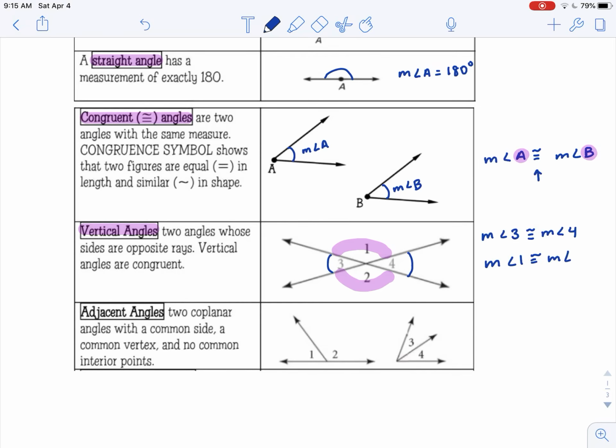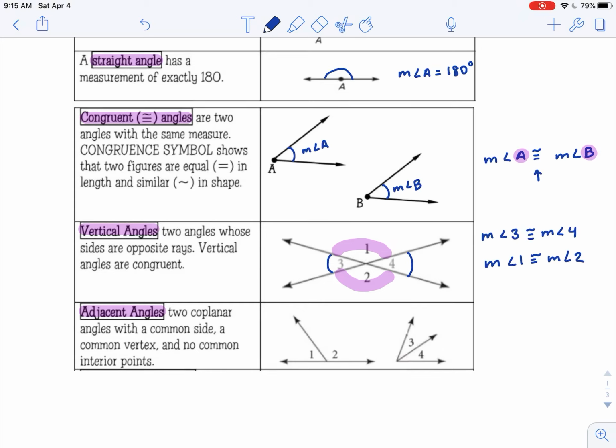The measure of angle 1 and the measure of angle 2 are the same. So when two lines intersect, the opposite angles are congruent.